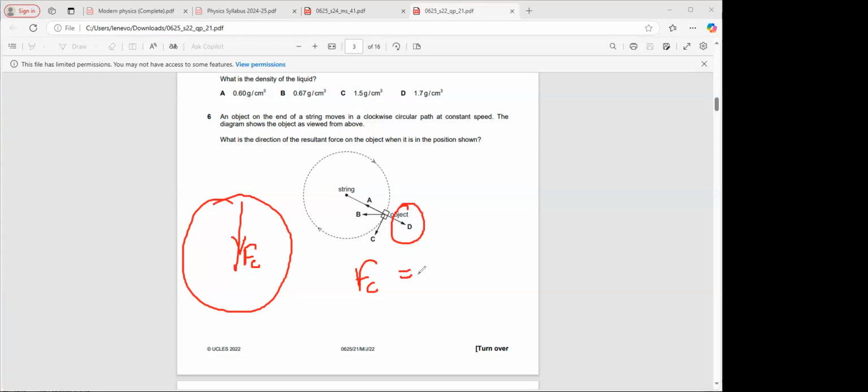Yes, there's a formula. I don't know it. It's mv square by r. And this outer force is the centrifugal force. This force acts outwards, away from the body, and whichever is acting along the radius and towards the center, that is your centripetal force.